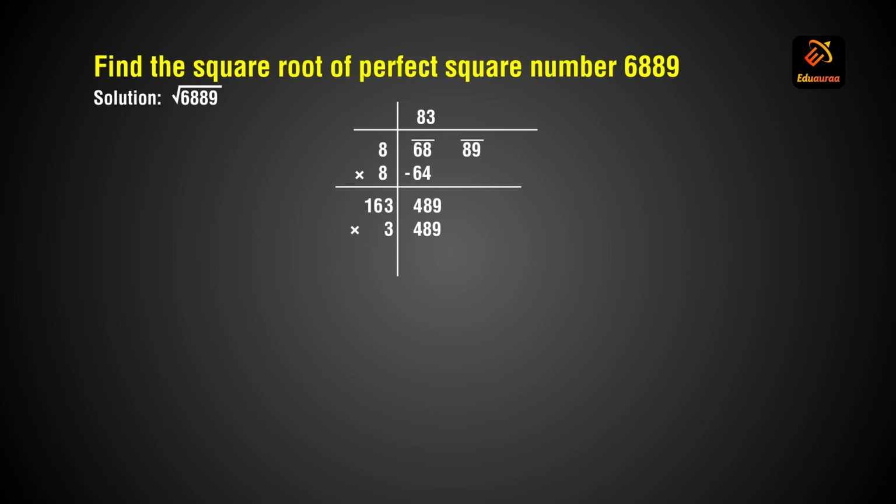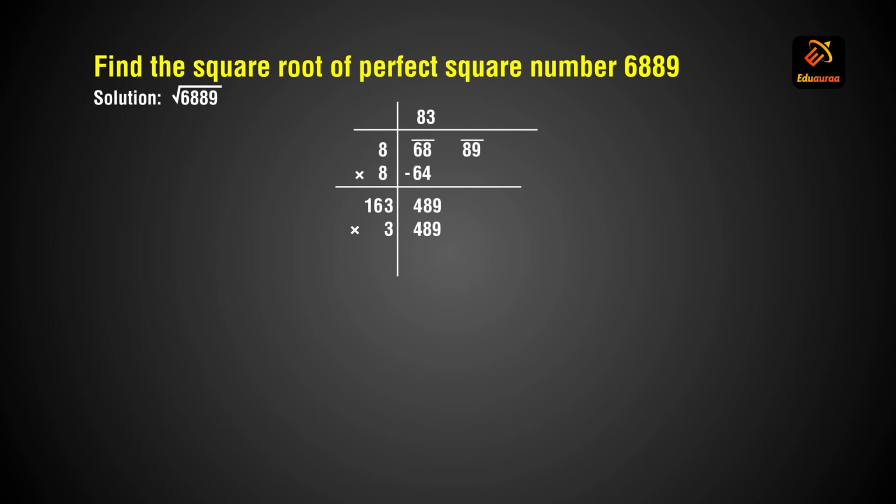Take the next pair of digits next to 4, new dividend is 489, divisor is 8 into 2, 16, that is double of the square root digit. 48 divided by 16 is 3, so write 3 after 8 at the quotient place.